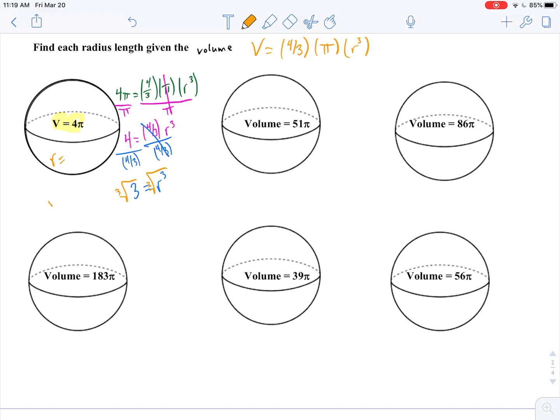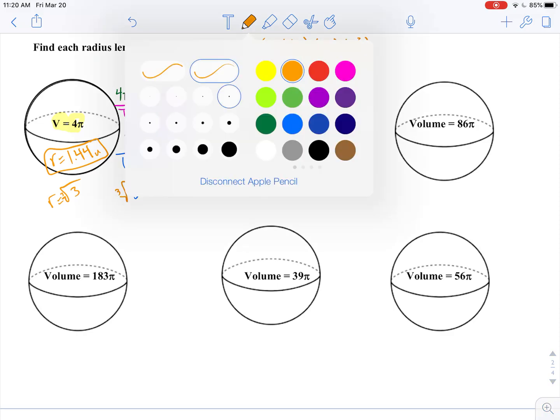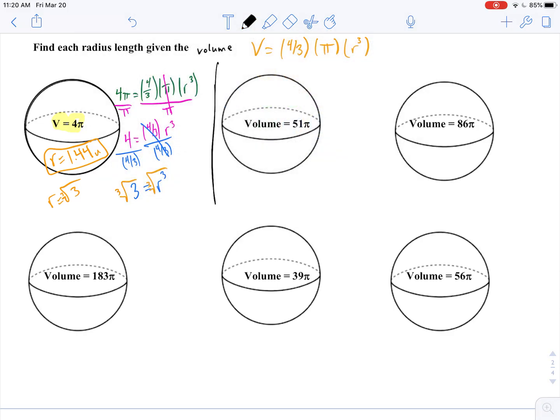So r would be the cube root of 3, which is approximately, let's see, what is the cube root of 3? 1.44 units. 1.44 units.